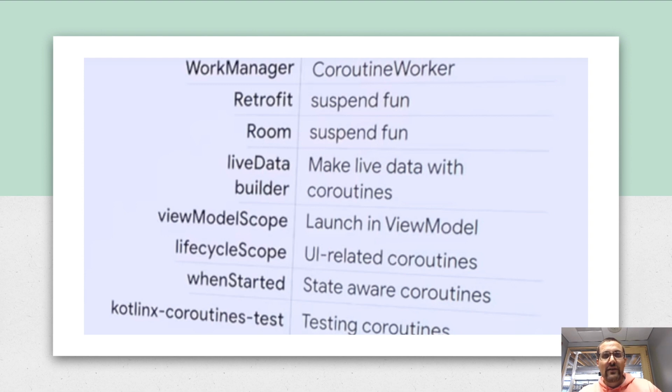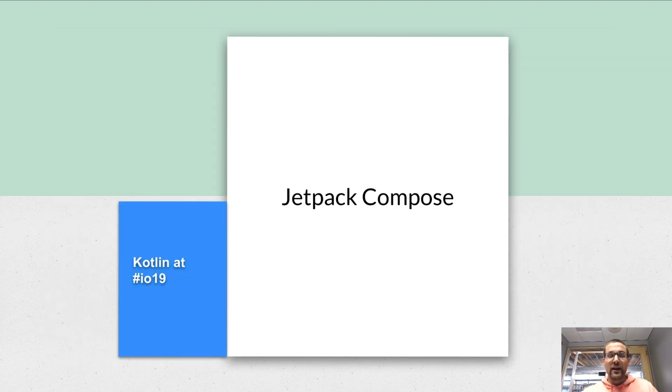So this is all evidence that they are really investing more and more into coroutines in the larger Android Jetpack ecosystem. And a huge example of this then is Jetpack Compose, which I think was probably the biggest Android-related announcement here, just because it represents possibly the largest change down the road in how we build our applications.